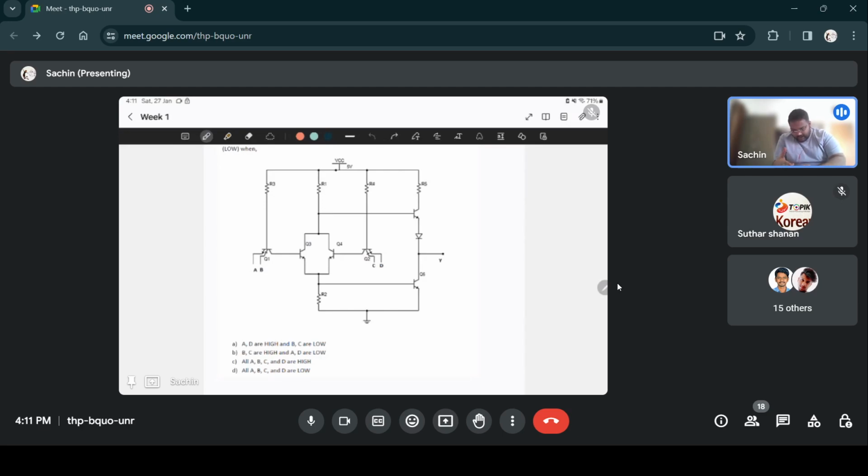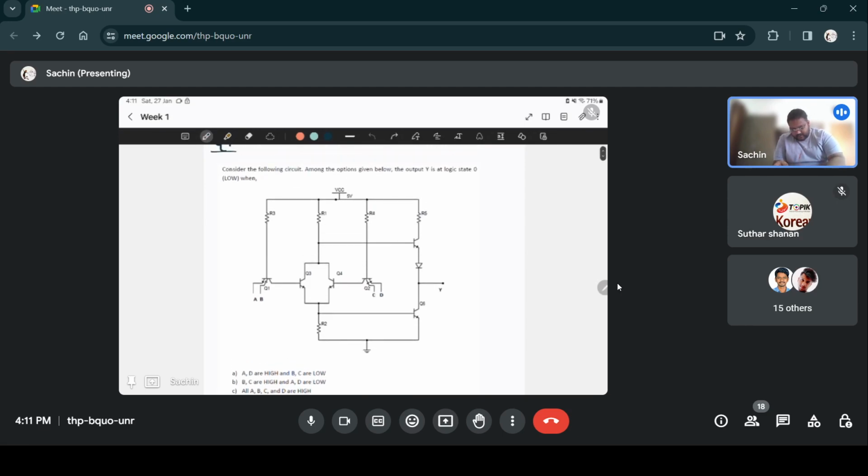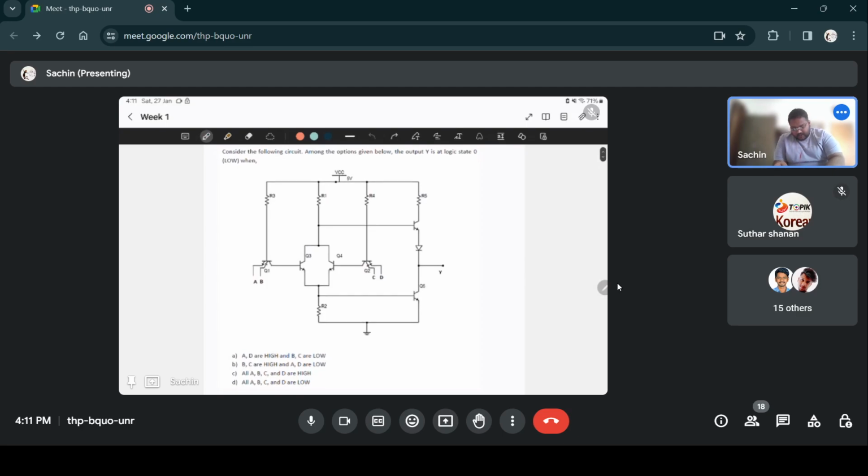For option A, A and D are high, and B and C are low. For option B, B and C are high, and A and D are low. For option C, all of A, B, C, and D are high. For option D, all of A, B, C, and D are low. Among these options, which of them will give you the output as logic state 0? That's the question.